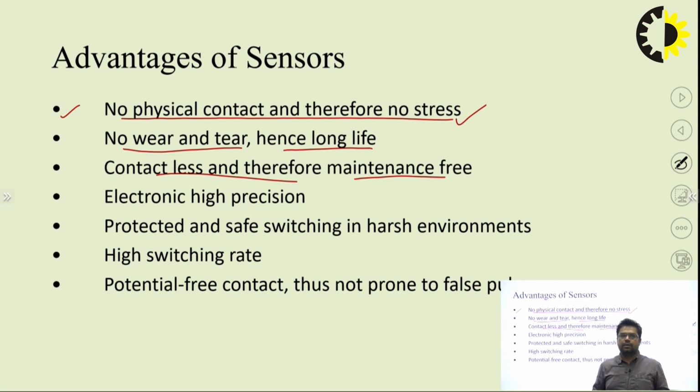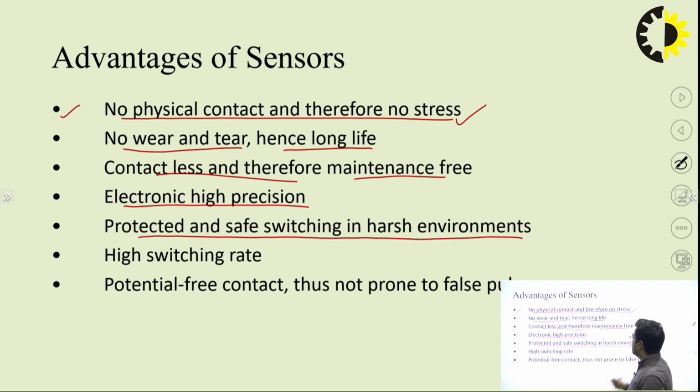Talking about their maintenance and life, they have a very long life. They have high electronic precision. If we talk about precision, sensors give high precision measurements. They can be protected and give safe switching in a harsh environment. This is another advantage. They have a high switching rate, as they mostly use electronic devices.